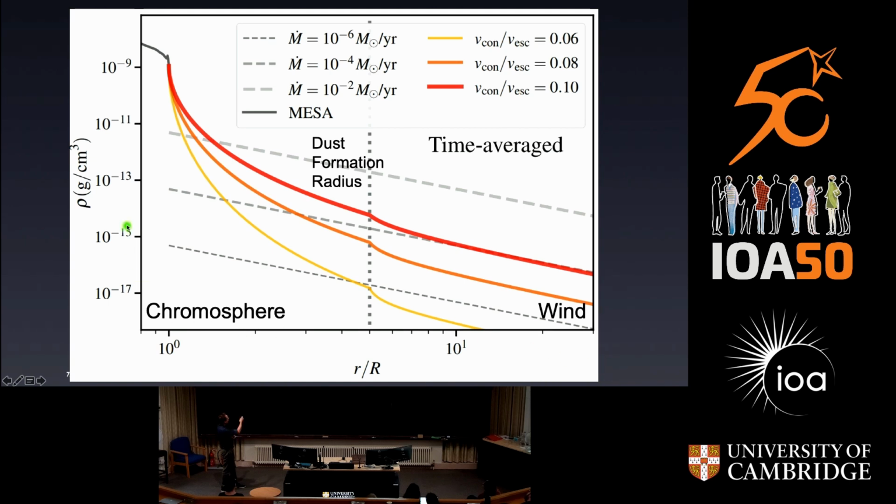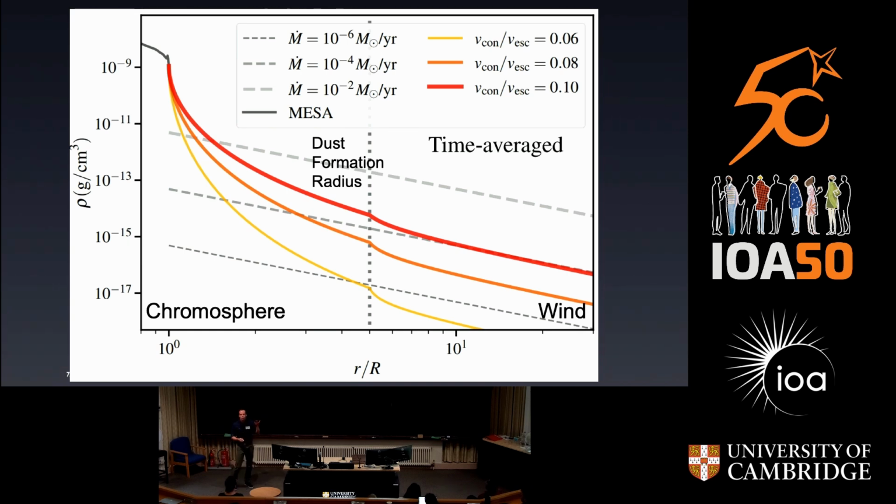So these colored curves are this simple analytic prediction for what the typical density profile of these stars should be doing in their atmospheres. The orange line is a typical case. What you can see is that near the surface of the star, which is right here, this density can be a few orders of magnitude larger than the density of the wind that you would calculate if you assumed it had a constant velocity and just extrapolated it all the way to the surface.